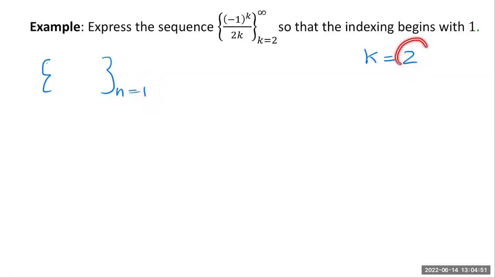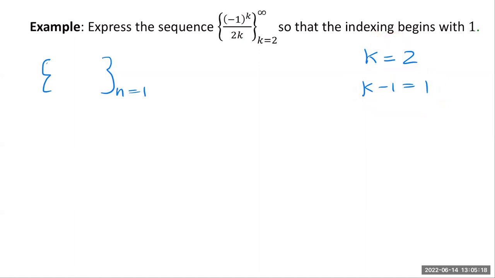So to get 1 on the right hand side, I think of this 2 as 1 plus 1. 1 plus 1 is 2, right? Now I move one of the ones to the left hand side. So this gives you k minus 1 equals 1. Actually, this is the same equation as the previous one, except we have written it in a different way. You moved one of the ones to the left hand side.